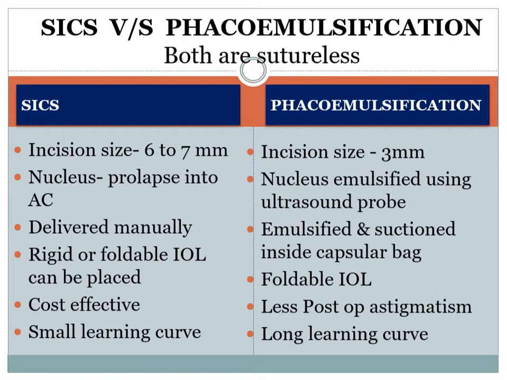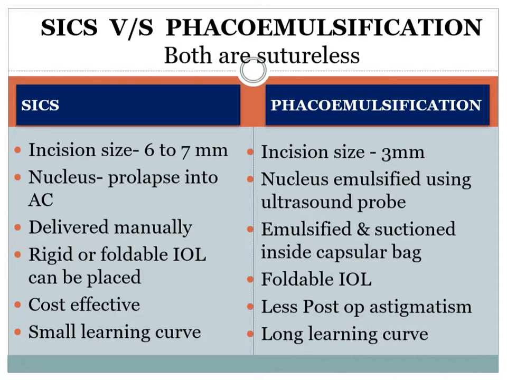Another very important difference is what I was just now explaining. In case of small incision cataract surgery, the whole nucleus is prolapsed into the anterior chamber, and then it is delivered manually in toto. Okay, but in case of phacoemulsification, you are not prolapsing the nucleus into the anterior chamber at all.